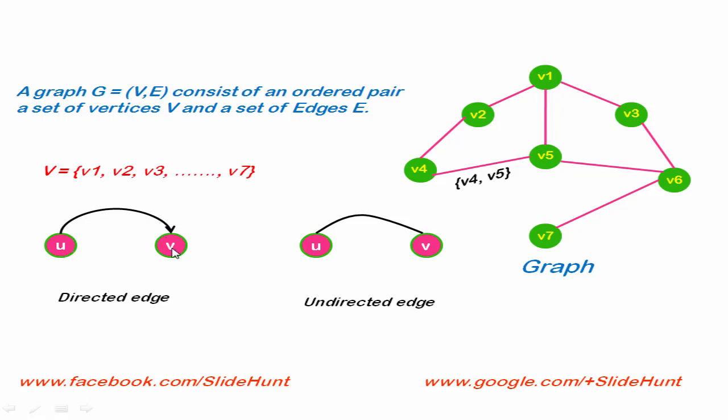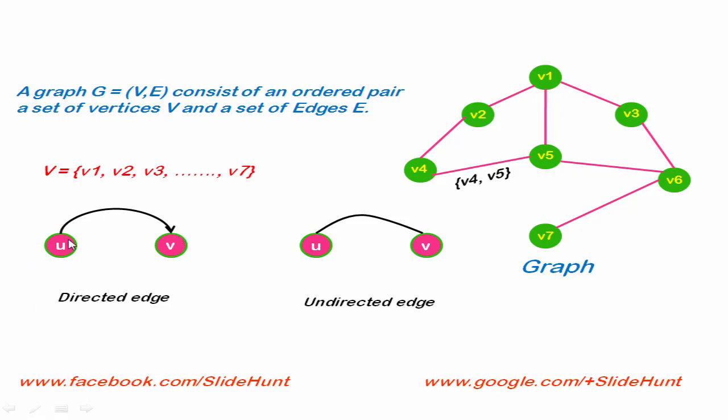Since the connection is one way, we can't assume there is a path from vertex v to u. For a directed edge, one vertex can be named as source and another vertex can be named as destination. And we draw the edge with an arrowhead pointing towards the destination.